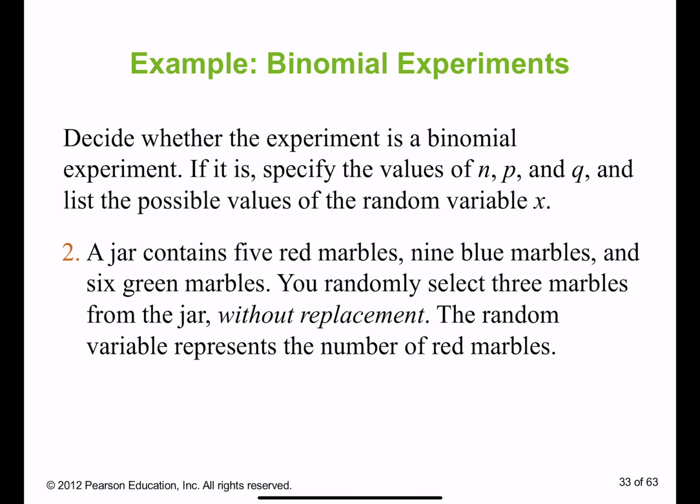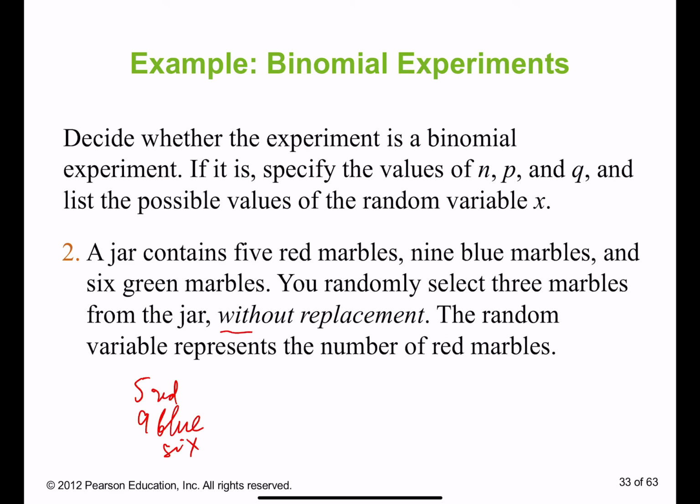Next one, decide whether the experiment is binomial or not. A jar contains 5 red marbles, 9 blue marbles, and 6 green marbles. You randomly select 3 marbles from the jar, picking up the marble from the jar without replacement.